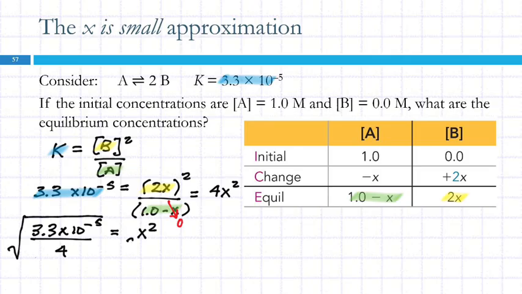Take the square root of both sides. X equals 0.00287.